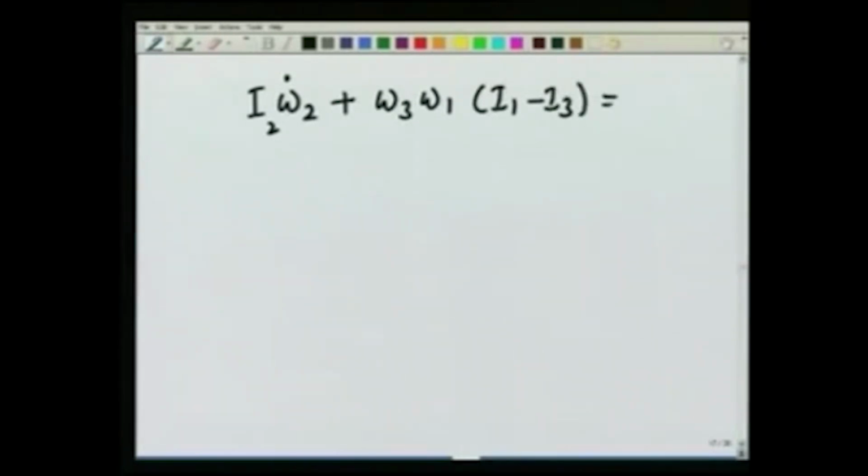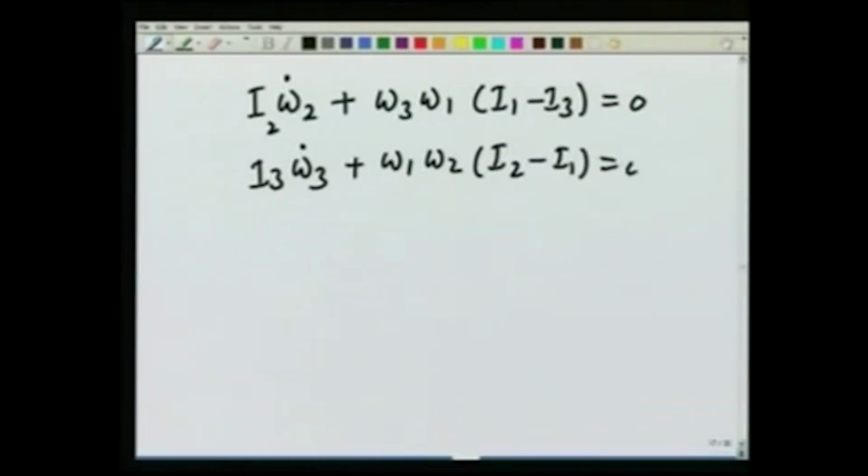What happens to omega 2 and omega 3, which are very small to start with? Let us see that. So the equations for omega 2 and omega 3 are I2 omega 2 dot plus omega 3 omega 1 (I1 minus I3) is equal to 0, and I3 omega 3 dot plus omega 1 omega 2 (I2 minus I1) is equal to 0.